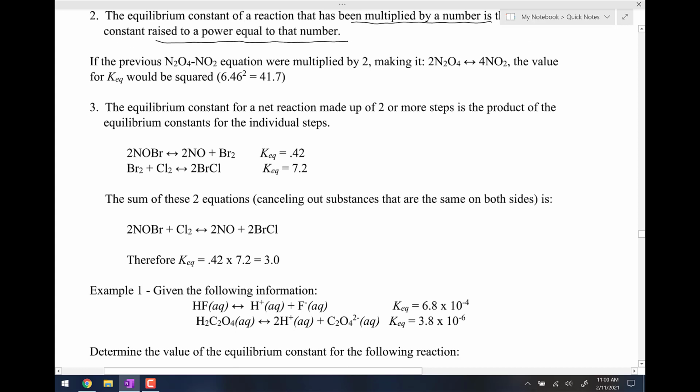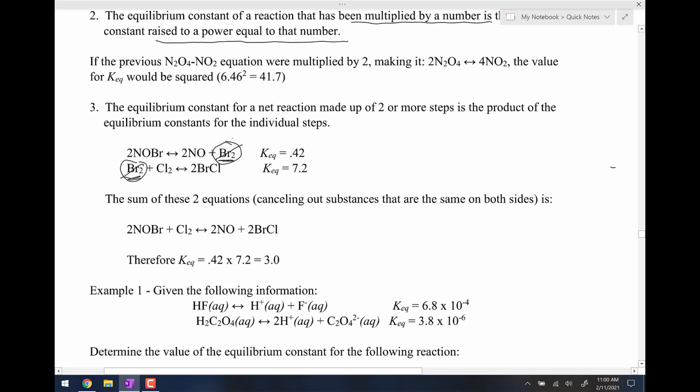And then the third one is if you add two equations together to make a new equation. Notice what we did here: we're going to take this equation and put them together. The only thing you have to be careful of is that things that are the same on opposite sides cancel each other out. See how Br2 gets made here and then it gets used here?